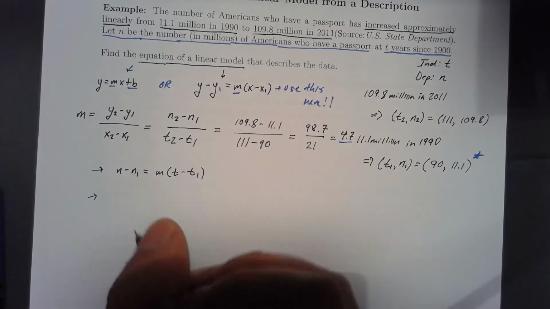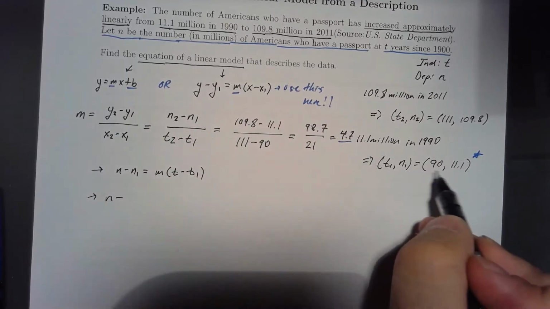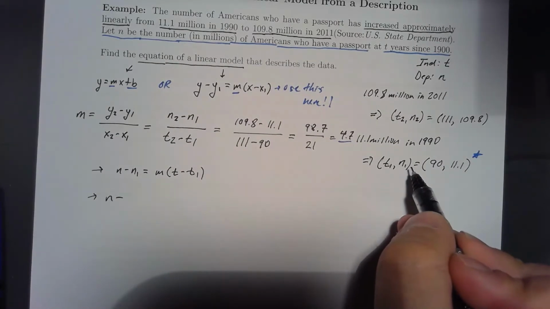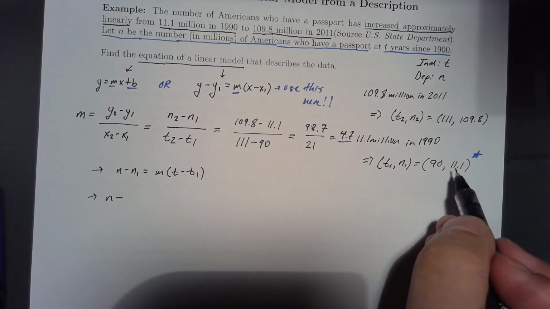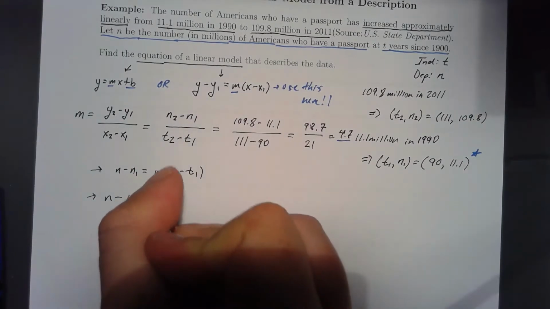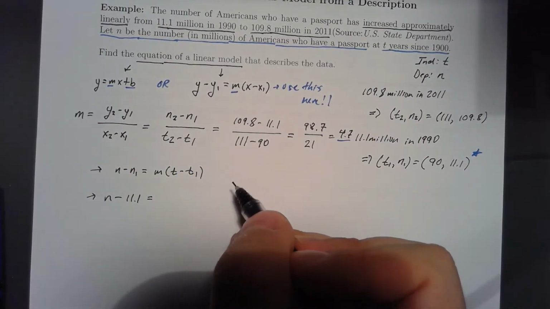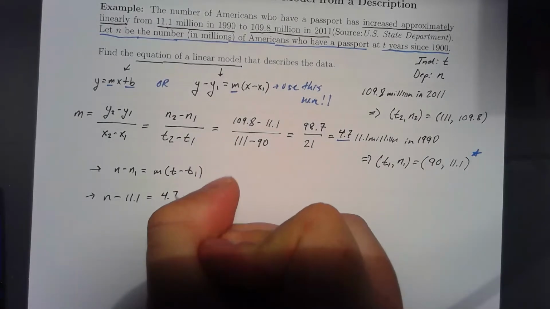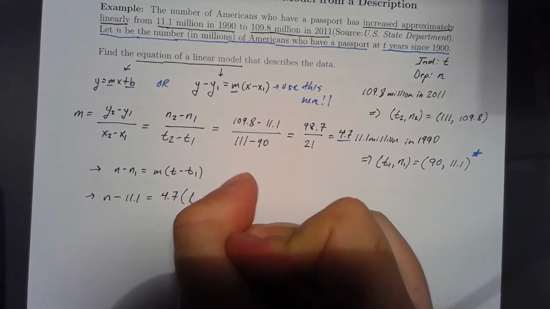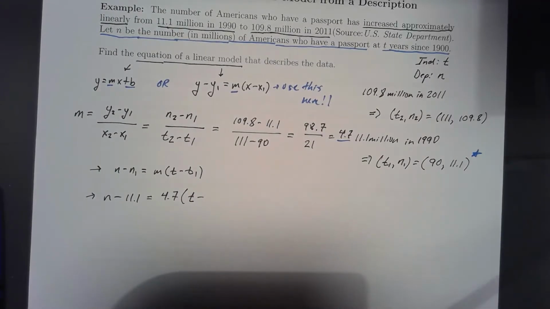So n1 is going to be 11.1, and that equals the slope, which is 4.7, times the quantity t minus, and then t1 is going to be 90.